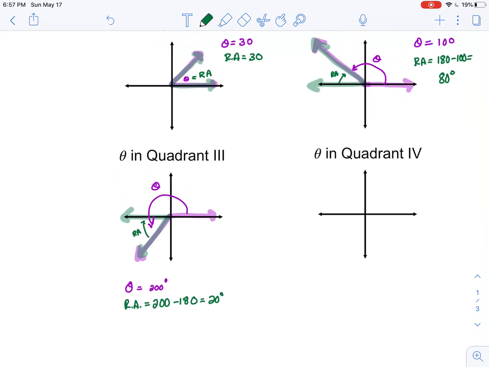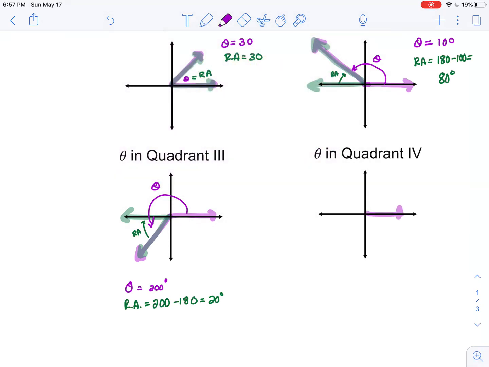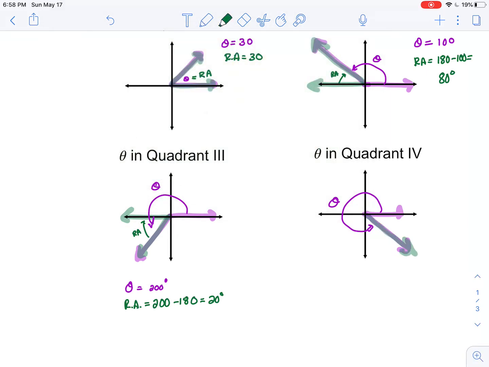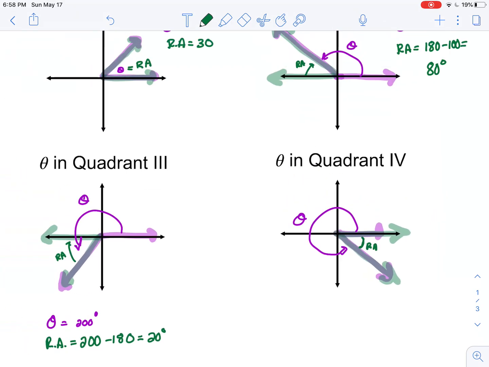And then lastly, if we're in the fourth quadrant. Here's my initial side, I open all the way past the third quadrant. So my theta opens up like so. My reference angle is going to be the terminating side of my angle and my closest x-axis, which would be here. So my reference angle is this distance here. The reference angle is always positive, that's something important to know.